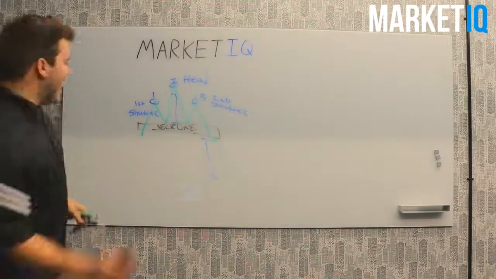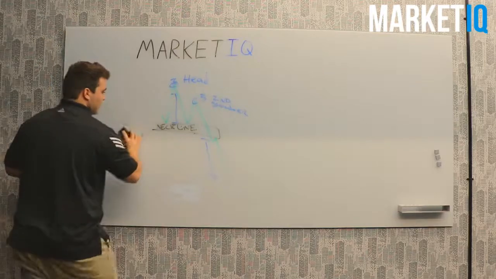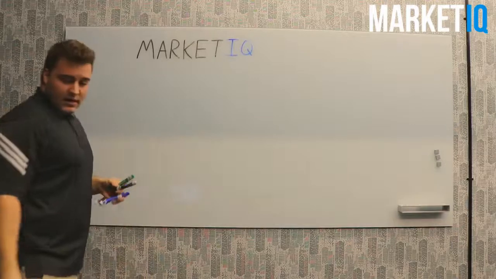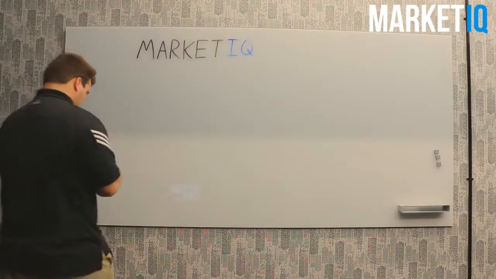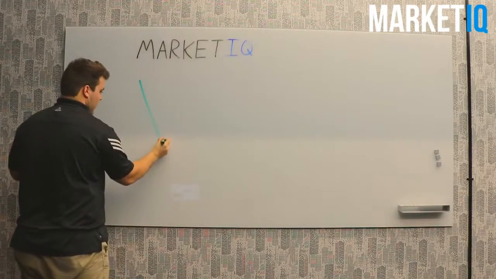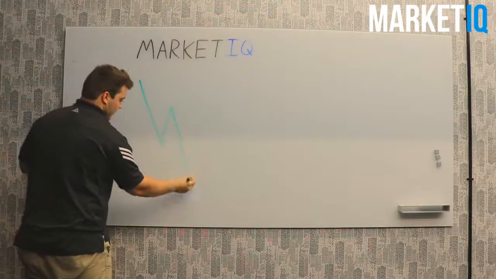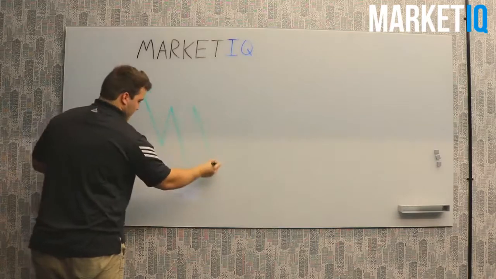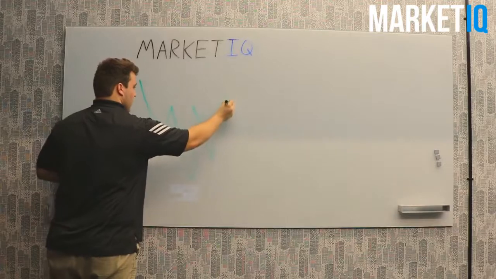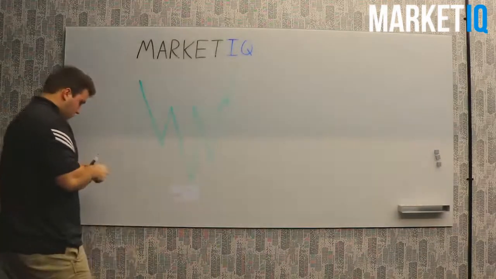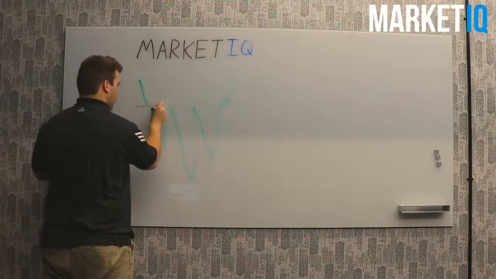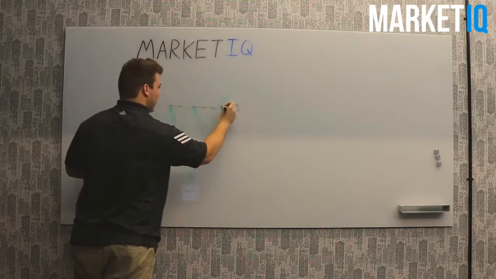Now we can do the exact opposite for inverse head and shoulders. Inverse head and shoulders is just the exact opposite. So we have price coming down, bigger peak, sorry, my marker's kind of going dead.